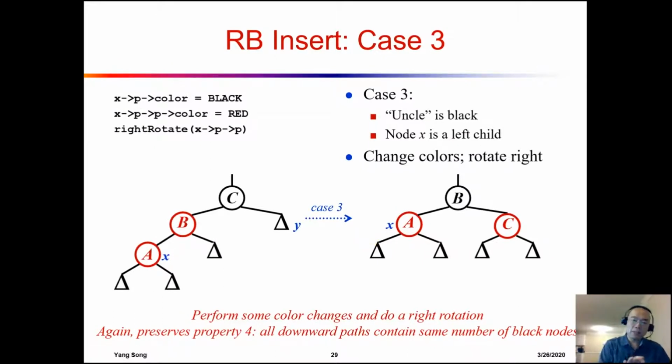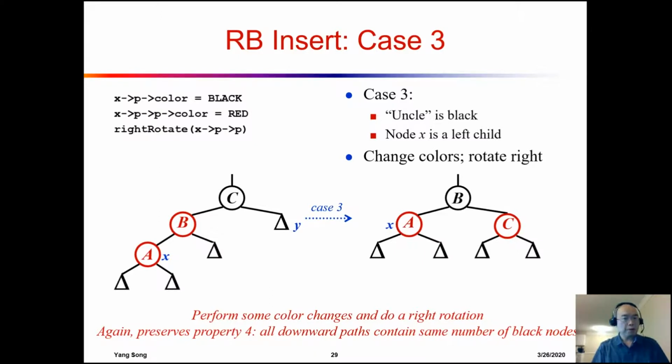For case 3, we do another rotation, and now B is the new root of the subtree, and A and C are both its children. We color A and C both red, and B stays black. So now it fixes the tree.